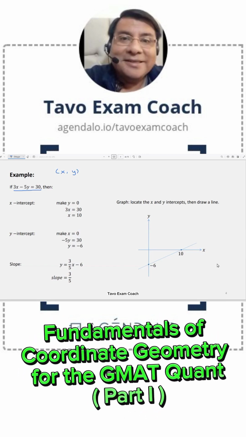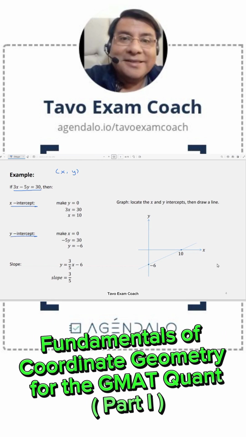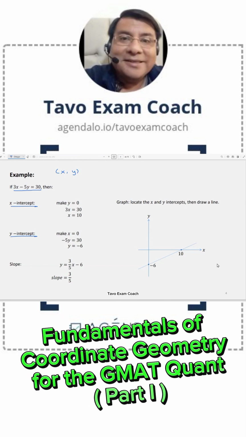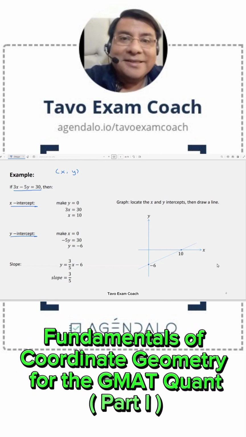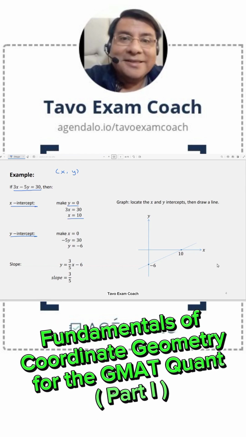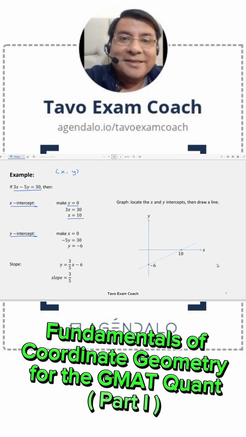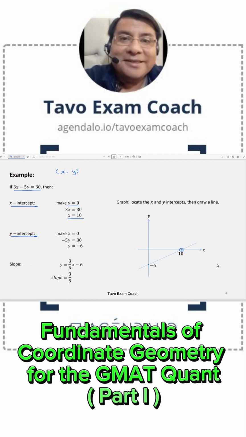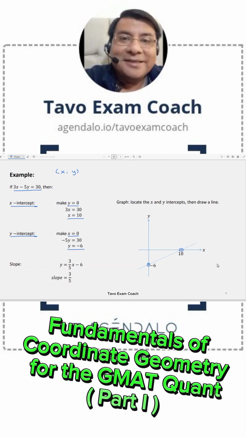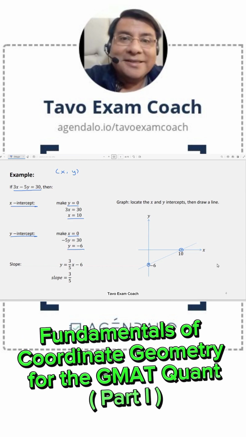So, using the concept of the intercepts, we can calculate the exact position where this line crosses the axis y and the axis x. Making y equal to 0, you can calculate the value of x, 10, and making x 0, you can calculate that y equals negative 6. So these are the 2 points on the axis where the line crosses.